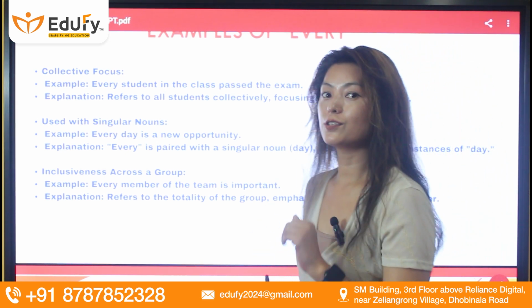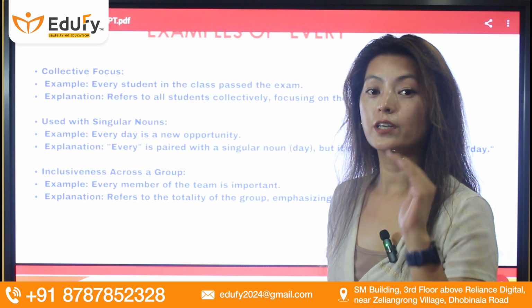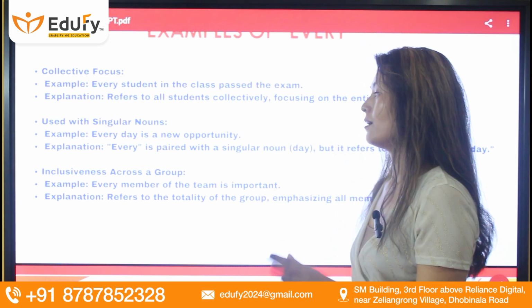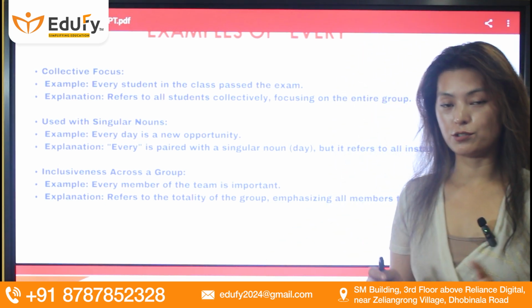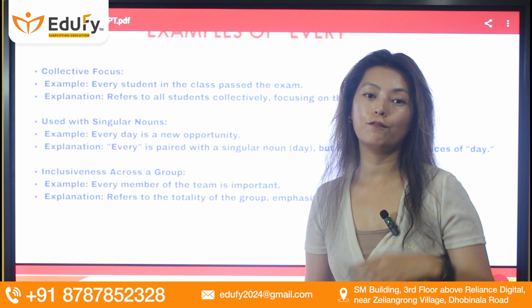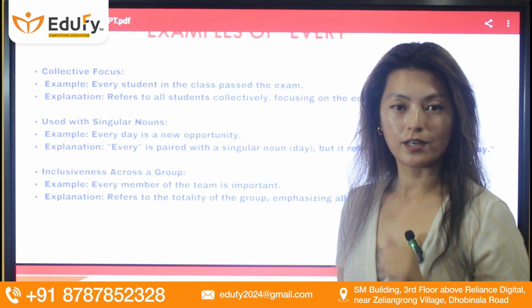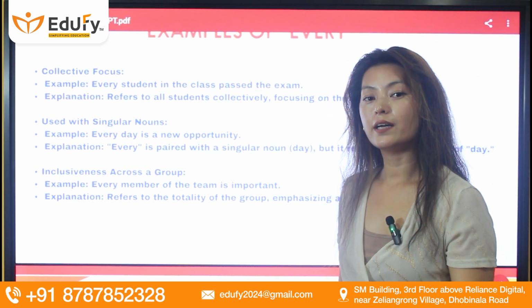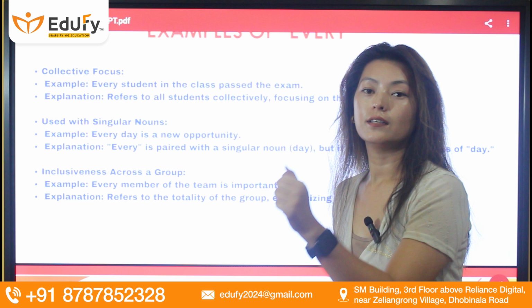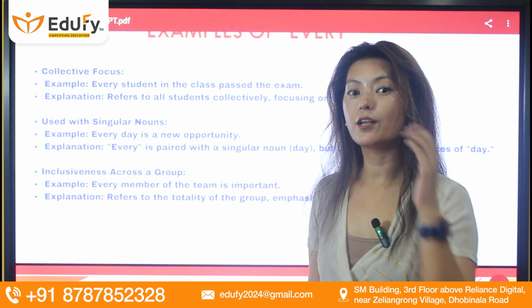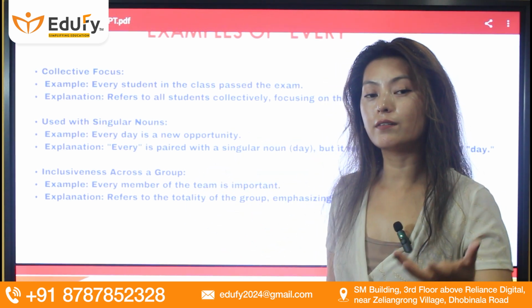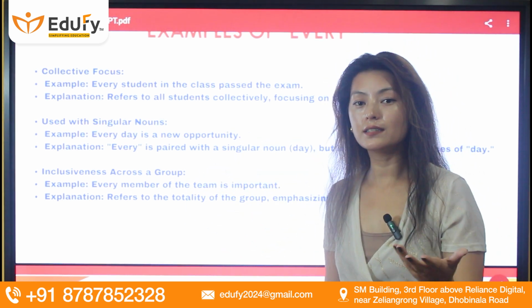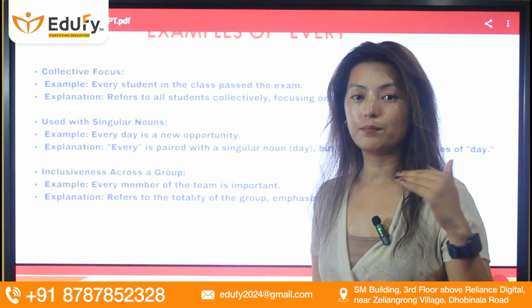Now, in that case, you will not be able to use the word each, but rather you'll have to use the word every with abstract nouns. So, for example, reasons is an abstract noun. You cannot write each reason is reasonable, that cannot be the correct answer, but you can write every reason is reasonable. So you're getting my point.